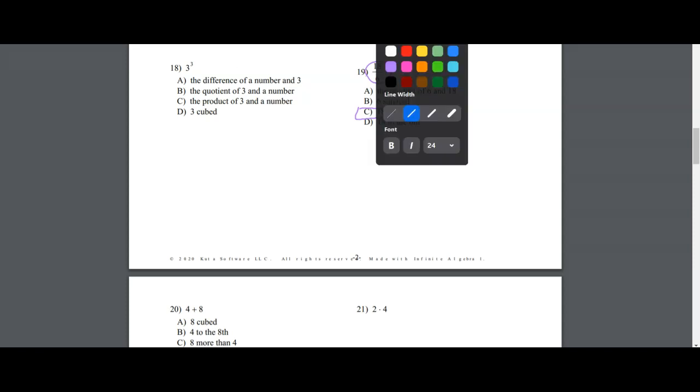Onward to 21. And before we get there, if you want some extra practice, you could look at these problems that are multiple choice problems and try to write what the expression would be for these different options. So the product of 6 and 18, well, product tells us to multiply, so we'd have 6 times 18.